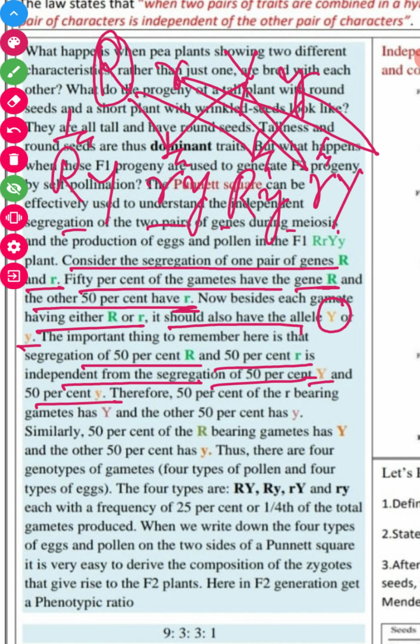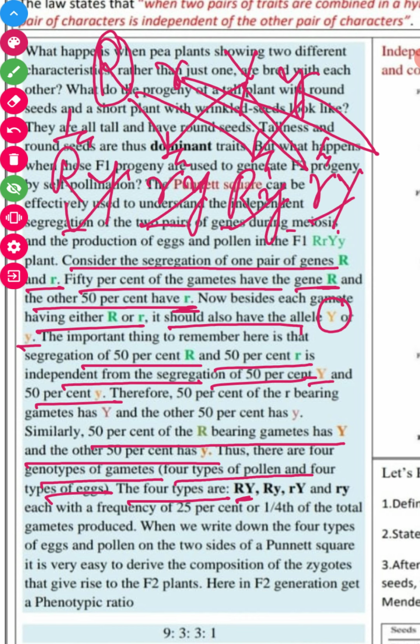So 50% of R-bearing gametes have Y as well as 50% of R have small y. Thus there are four genotypes of gametes, four types of pollen and four types of eggs: RY, Ry, rY and ry, each with the frequency of 25%, that is 1/4 of the total gametes produced.